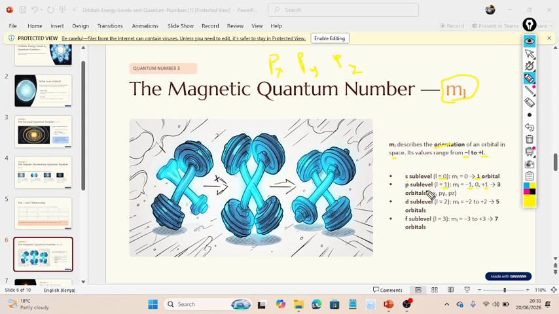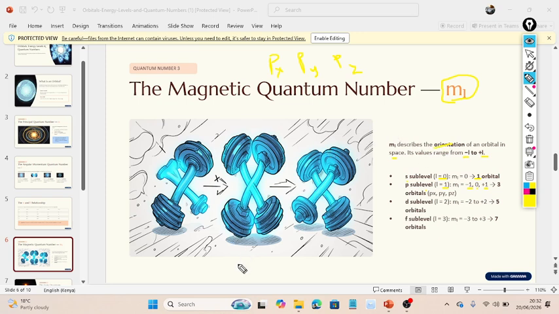A good example is this one: we are going to have a px, a py, and a pz orbital when the principal quantum number is 2 and our angular momentum is 1. So the role of the magnetic quantum number is to give us the orientation.